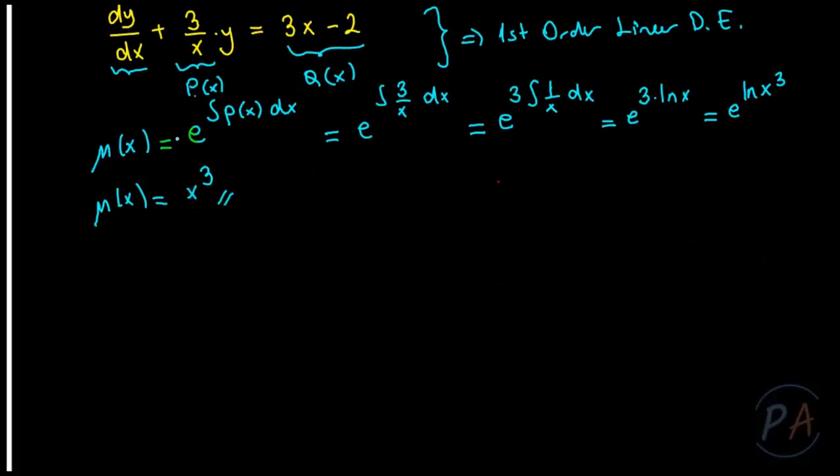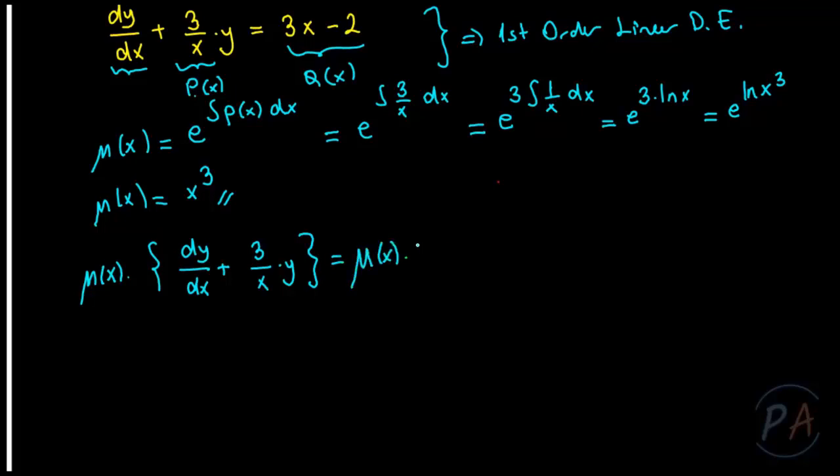When we multiply both sides of the equation by the integrating factor mu of x, we get mu of x times dy over dx plus 3 over x times y equals mu of x times 3x minus 2.